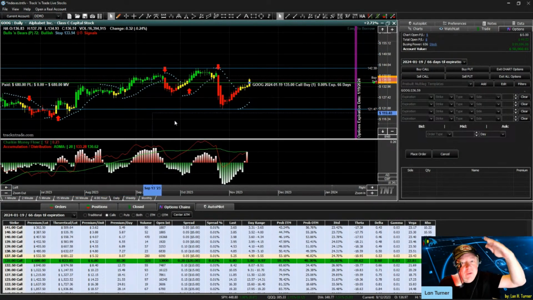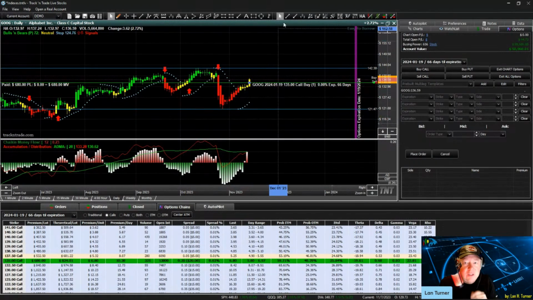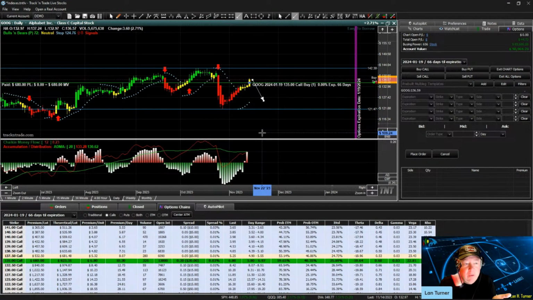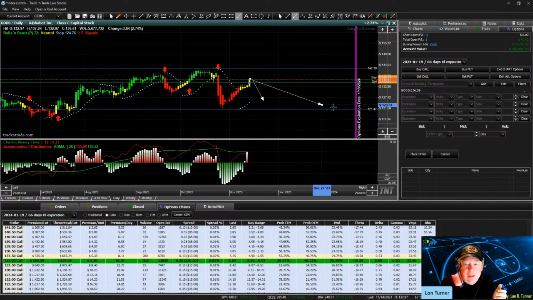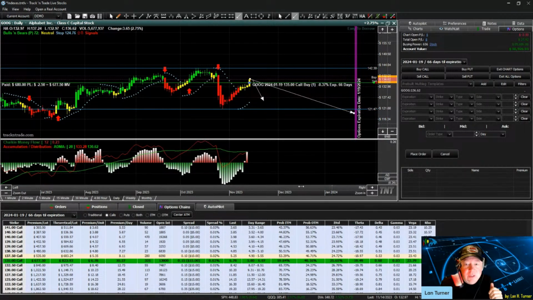If the market turns at this point and starts to fall, then our premium will decrease. But the maximum amount of money that we can lose is the $680. But we won't lose that immediately. The market has got all the way out to here before it's going to lose all of our money. So we've got time to work with this. So that is buying a call.